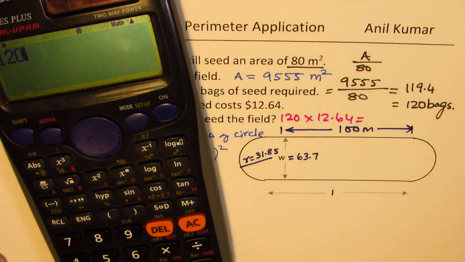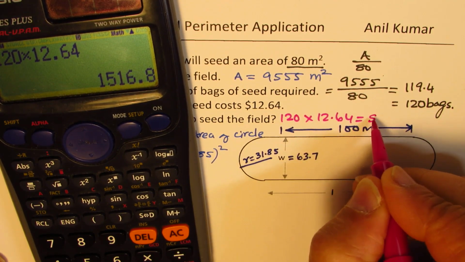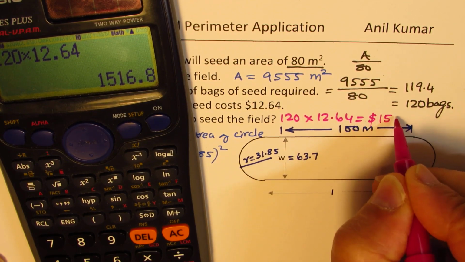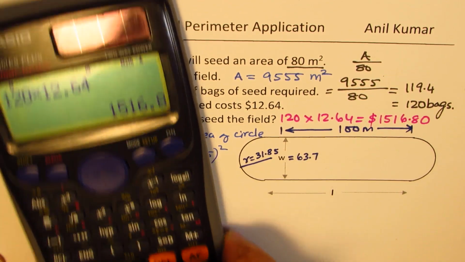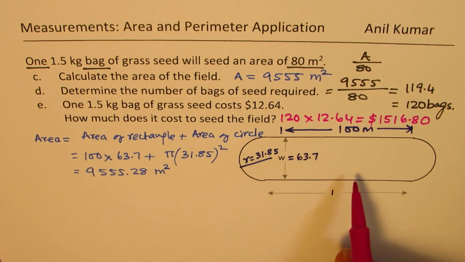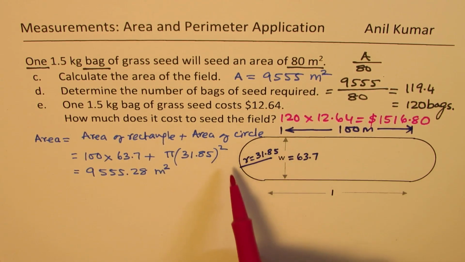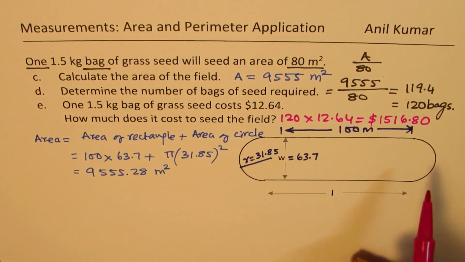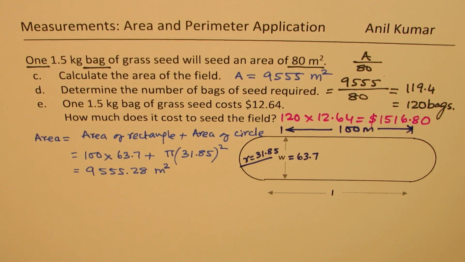We have 120 times 12.64, which is equal to, in decimals, in dollars, 1516.80. So that becomes the cost of seeding the area of this running track whose perimeter is 400 meters, right? So that is how we are going to answer this particular question.